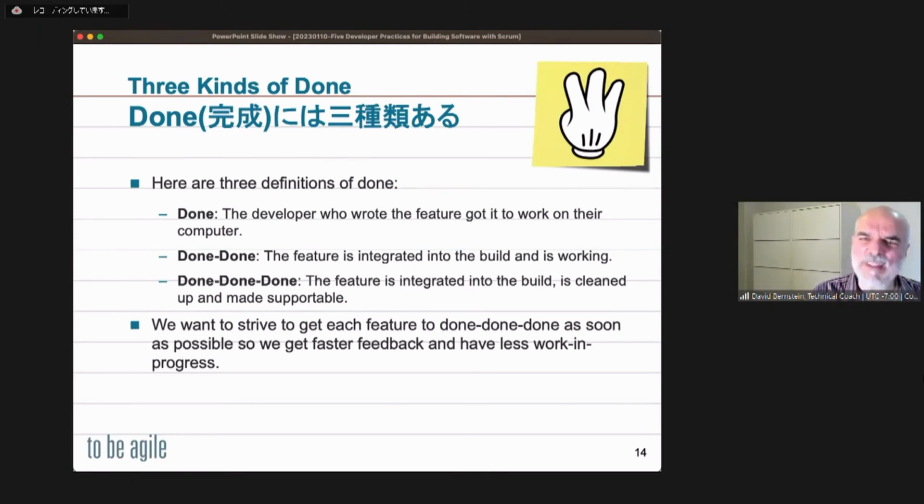But I think that's not enough either. So I have a definition I call done. And done means that it works on the developer's machine who wrote it, it's integrated into the build, and we've taken some extra time to make it supportable. We've gone back and cleaned up the code, even though it's working, to make it easier to read and understand. We want to strive to make all of our code done.